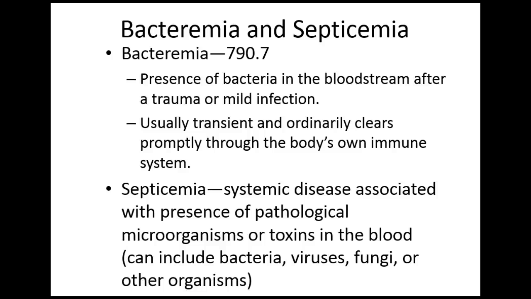A diagnosis of septicemia can neither be assumed nor ruled out on the basis of laboratory findings only. Negative or inconclusive blood cultures do not necessarily mean that the patient does not have septicemia. A code for septicemia is assigned only when the physician makes a diagnosis of septicemia.